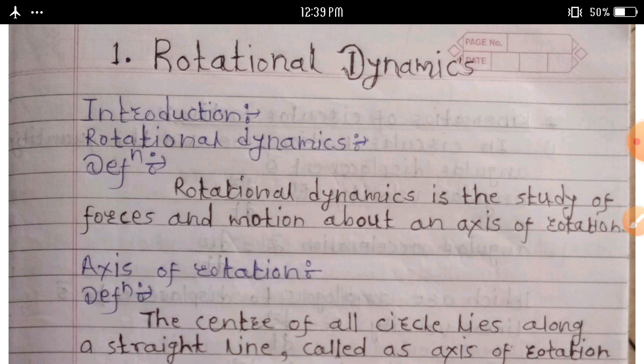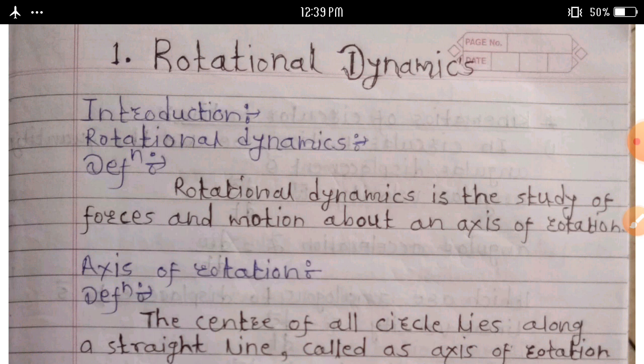Firstly, we discuss the difference between revolution and rotation of an object. What do you mean by revolution? During revolution, every particle in the object undergoes circular motion about some point outside the object or about some other object.